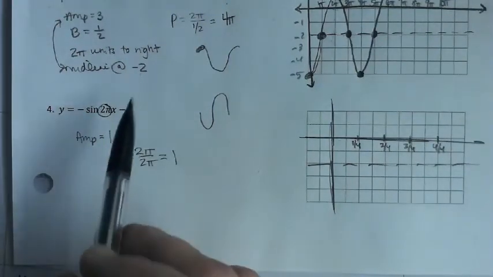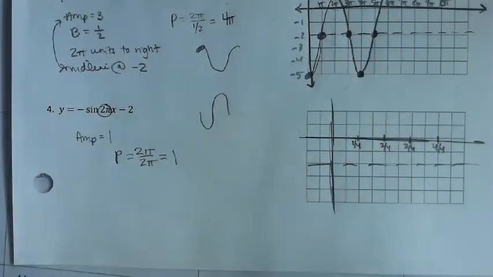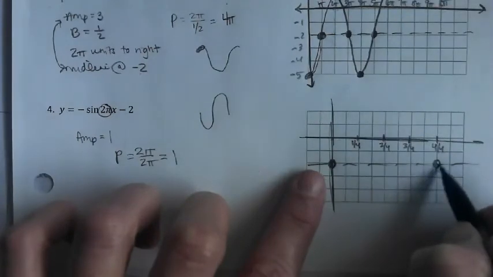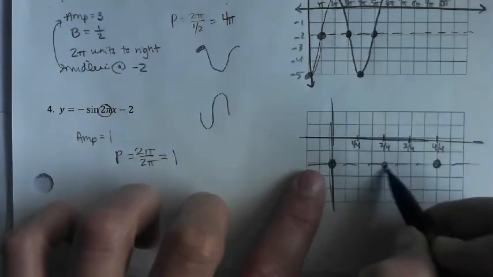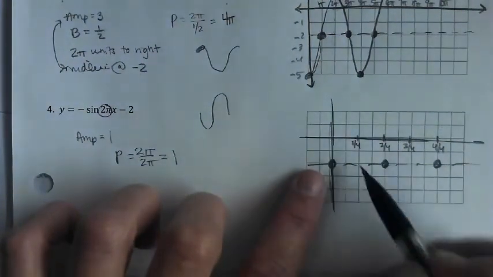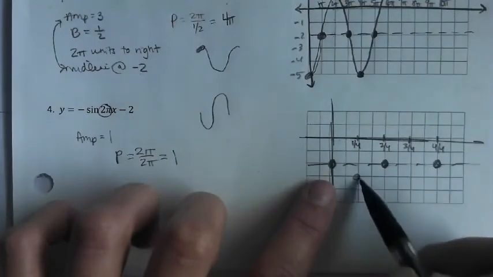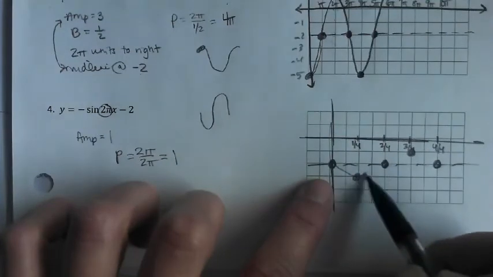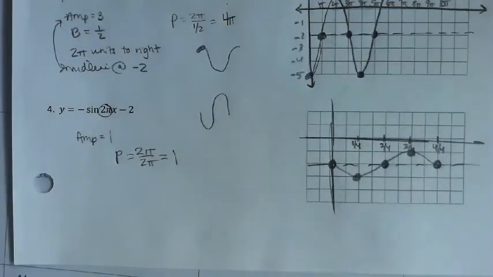And then my midline is -2. Okay, so it's sine. I start on my midline, I end on my midline, and I have a halfway point on my midline. And this goes down by an amplitude of 1 and up by an amplitude of 1. And so very quickly to finish, that looks like that.